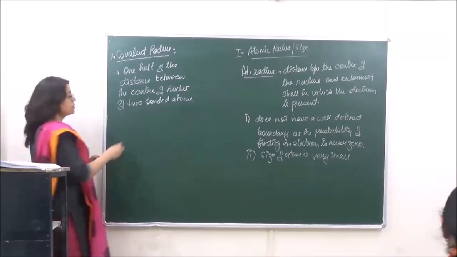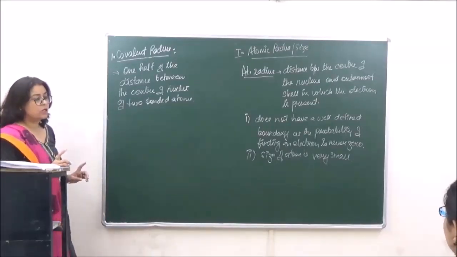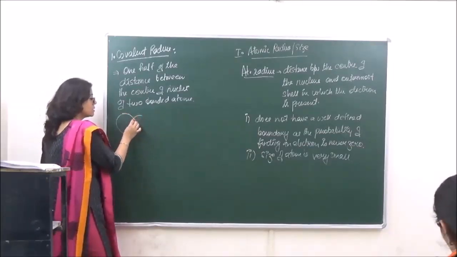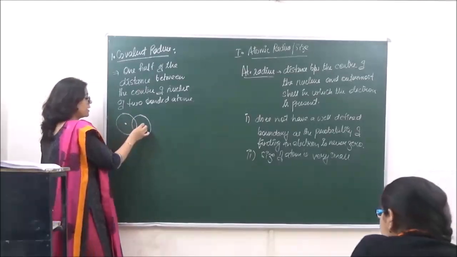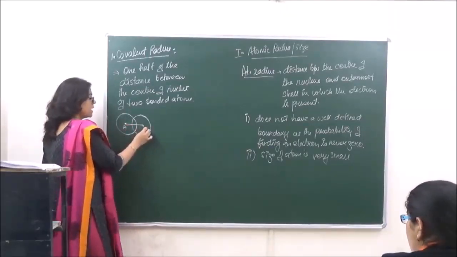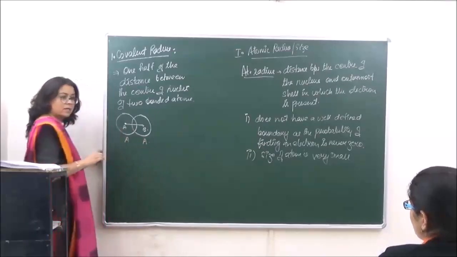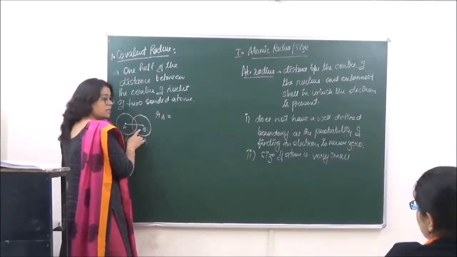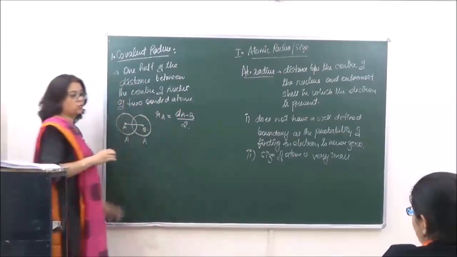So when we are talking of bonded atoms, over here we are only considering single bonds, not double and triple. Okay, so if we have two atoms which are bonded like this, and let's say this is the center of one atom, this is the center of the other atom, and the distance is AB. Let's say this is atom A, this is also atom A. So if you want to find the radius of atom A, that is going to be equal to the distance AB divided by 2.